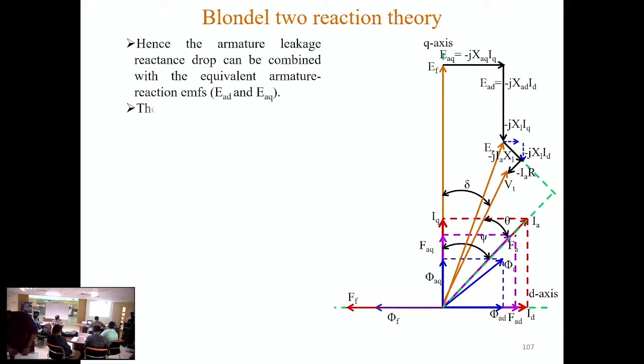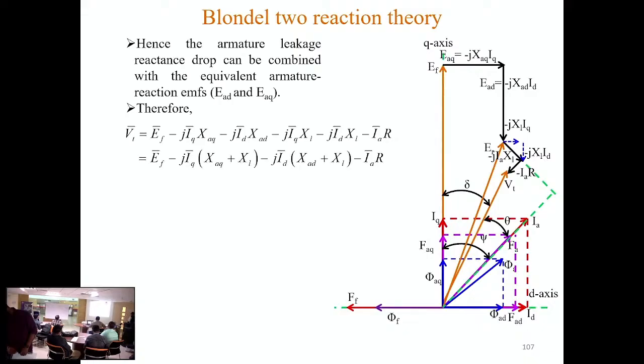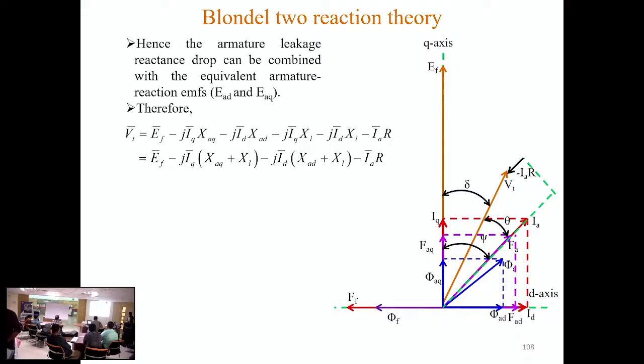The modified phasor diagram based on this modification in the voltage equation will be like this. See, this is XL IQ added to XAQ IQ, and this is XL ID added to XAD ID, and IAR remains the same.